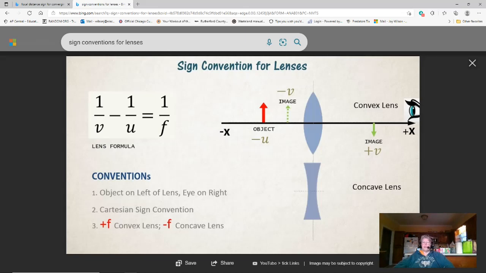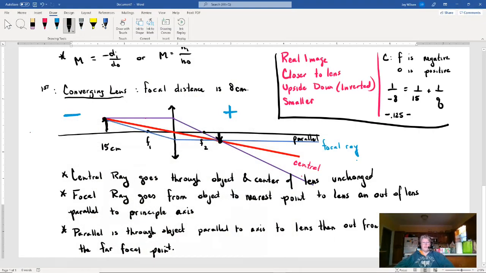So let's go back to our picture. Negative 1/8. Oh, I didn't do it over there, did I? This is negative 1/15. So it's going to become plus when I move that over.